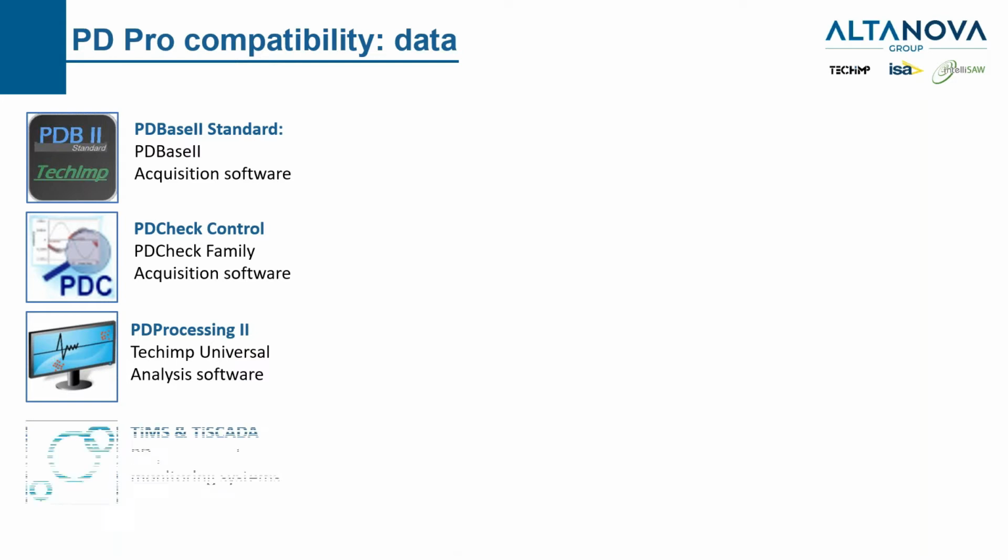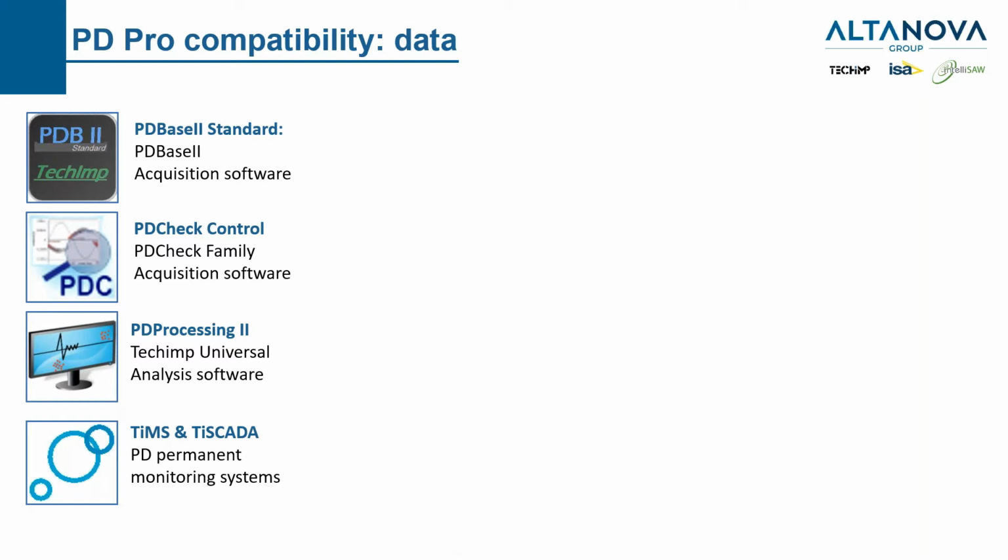We also have compatible data. Here on the left, I have listed the main Techimp software from the past: the PD-Base standard and acquisition software, PD Check Control, and other acquisition software for the PD Check family, and the PD Processing, that is the universal software for analysis of PD data.